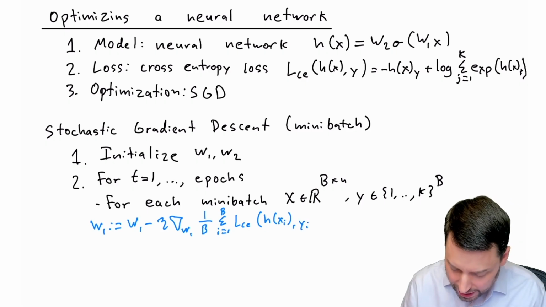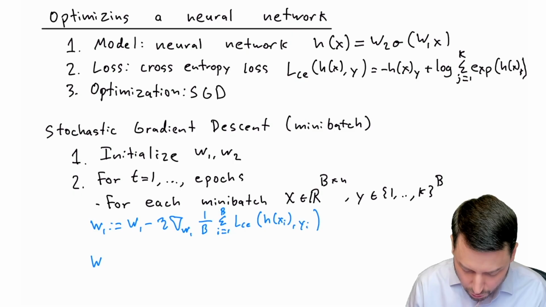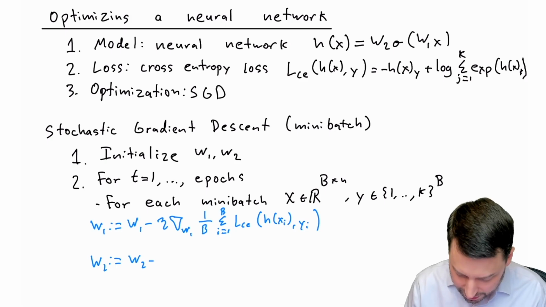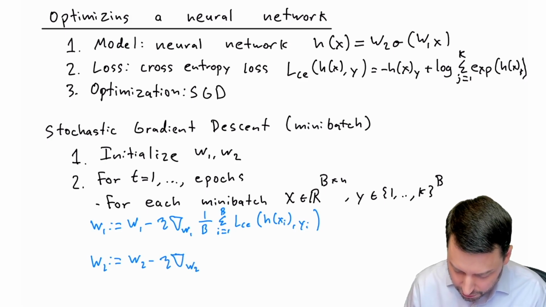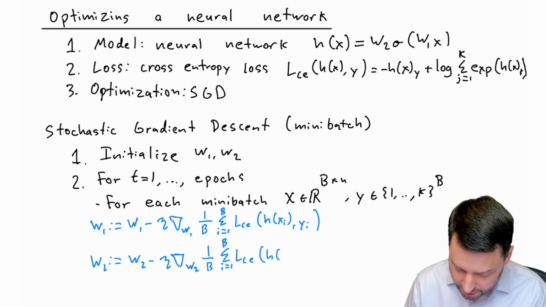And yi. And then similarly, for W2, we're going to set W2 equal to W2 minus eta times the gradient with respect to W2 of 1 over b, sum of i equals 1 to b of the same thing, right? The same exact loss.